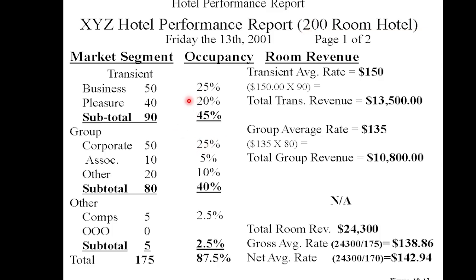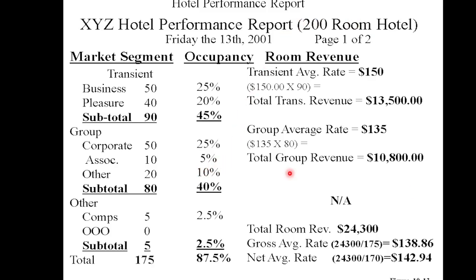That is a total of 20%. So you just add 50 plus 40, that is 90. 25 plus 20 is 45% total from the total rooms of the hotel.